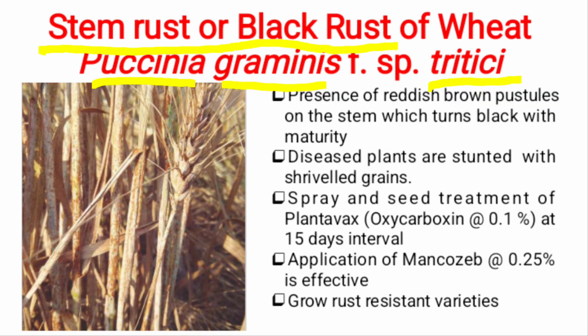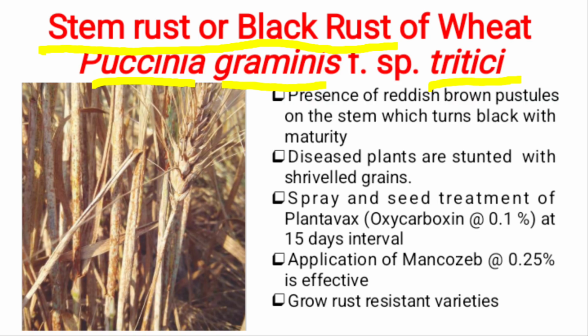If we discuss the rust diseases, generally we have two types of spores. We will study their disease cycle and the different types of spores in rust in a separate video. So today you can remember only that it is known as the black rust of wheat because the teliospores, which are the maturity spores in rust, are generally black in color.